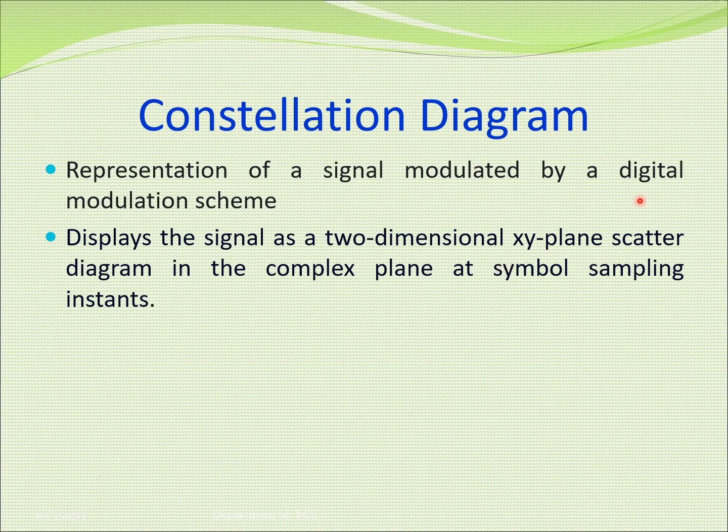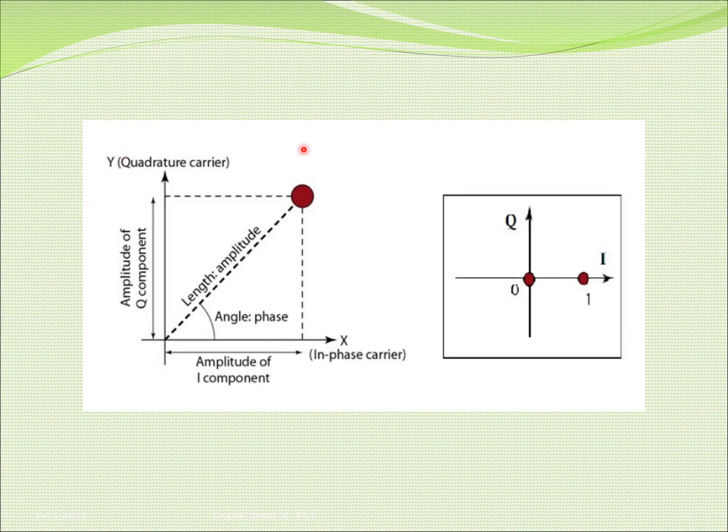Let us see what is the constellation diagram of ASK. Normally, as I told, in the complex plane, we have in phase component and quadrature phase component. This part is representing the amplitude of I component. This part is representing the amplitude of Q component. And this represents the angle, and this is the resultant amplitude.